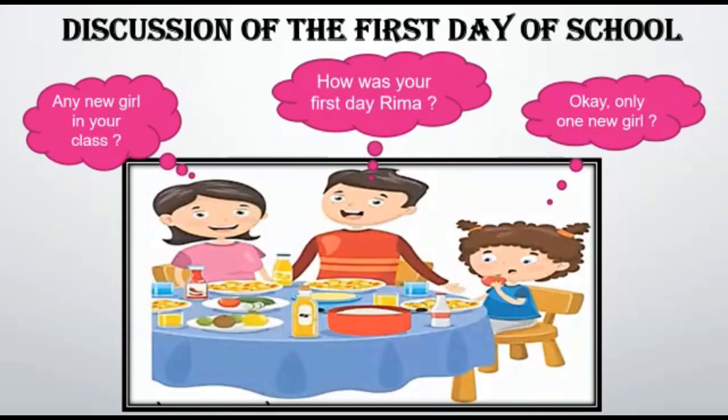Listening to all this, Rima's parents didn't like the attitude of their daughter. In Rima's gang, gang means a group of friends, they also tried to bully Malti as she entered the class.